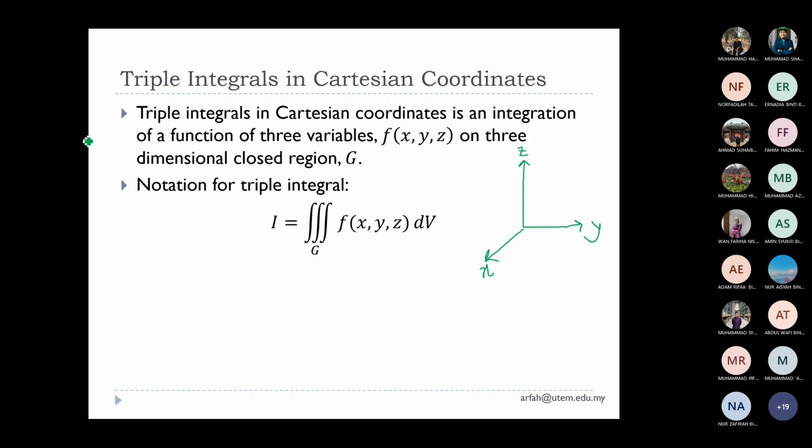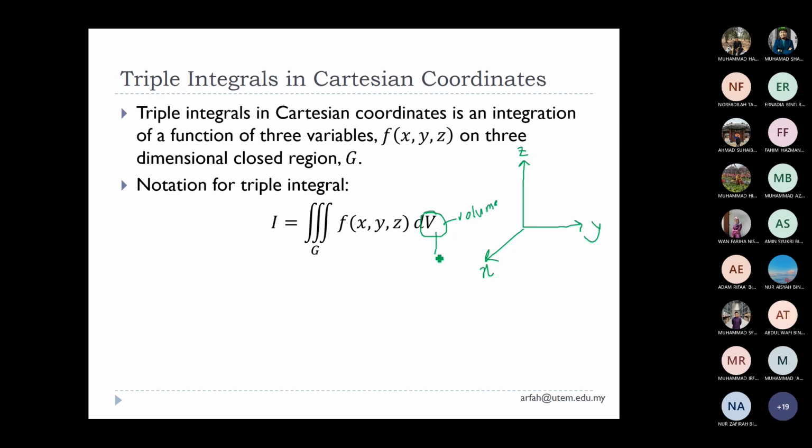From here, this is the notation for the triple integral. The integration will be equal to taking the integration over the bounded region for the function of x, y, and z over dV. So V here actually refers to the volume of the solid.